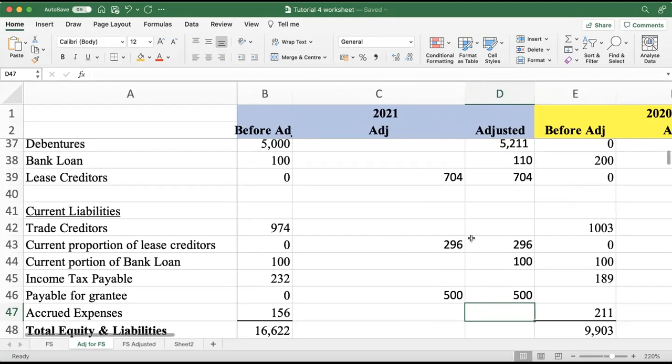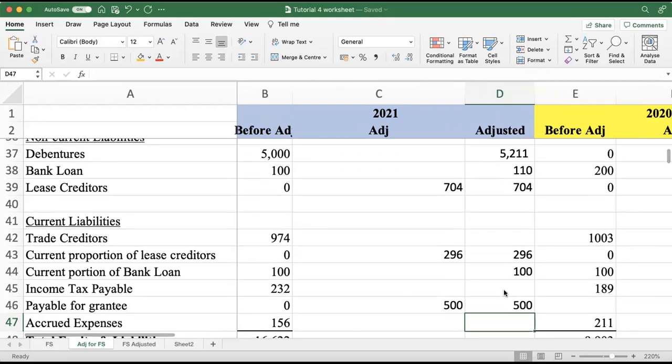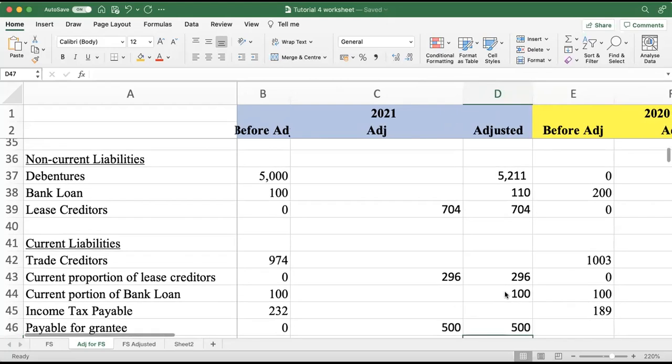Right. So 2021, guarantee payable is 500. And this is an expense. Right. So this is your loss. Then this should be taken to the profit and loss.